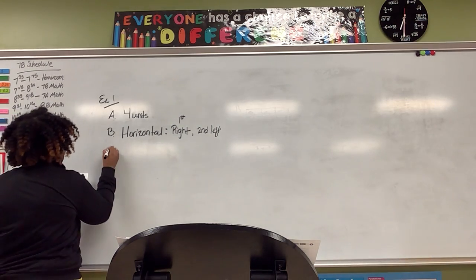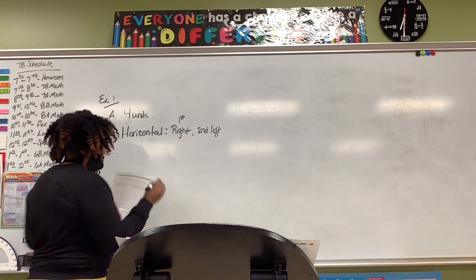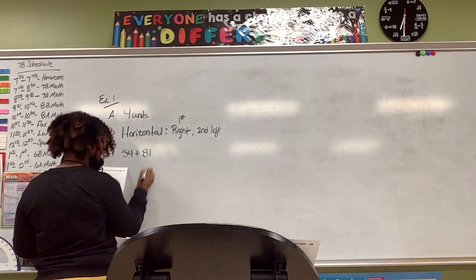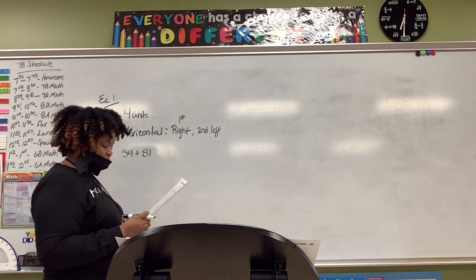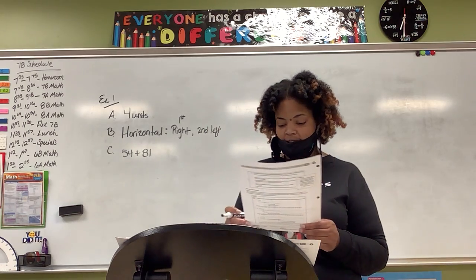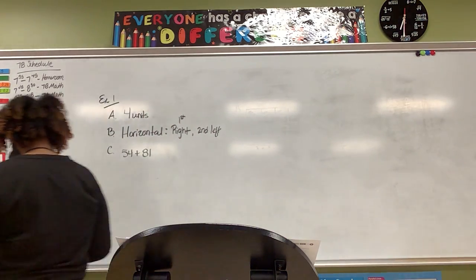Let's look at C. C says, given the expression 54, and I'm going to write it, plus 81, determine without finding the sum, the distance between 54 and the sum. What is the distance between the 2?